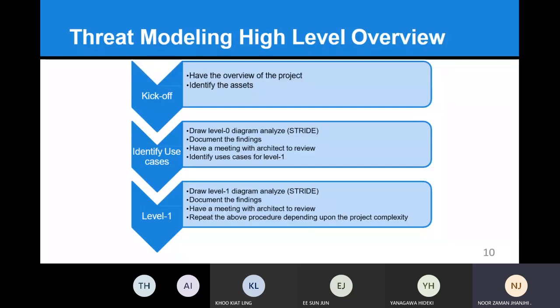Now you can see from here, that's why he's saying identify the use cases, draw the level 0 diagrams, analyze the STRIDE. Then document your finding, have a meeting with the architect to review, identify the use for level 1. So just come up with the level 0 diagram and revisit the design, revisit the architecture, and ask him questions if you have confusions.